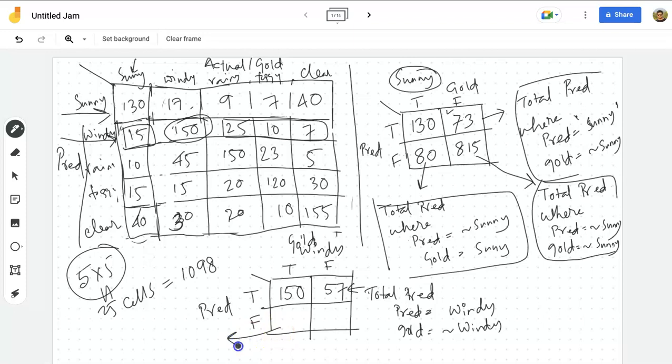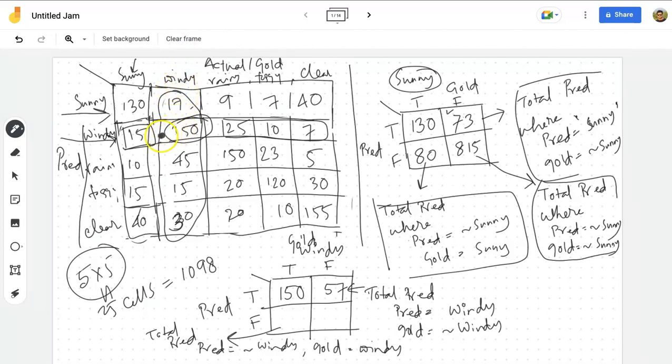Similarly, what about this cell? This is the total where the actual prediction is not windy but the gold is windy. How to calculate it? You need to calculate this column, which is about the gold being windy.